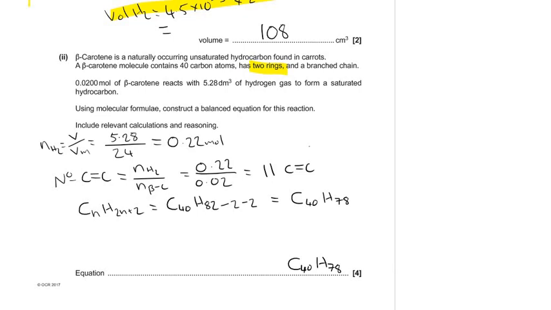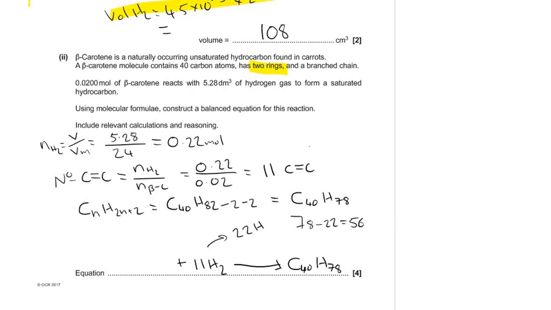Now, working backwards, quite literally here, we're adding 11 H2. Now, if I was to look at this, 11 H2, well, that tells me that I have 22 hydrogen atoms. So if I do 78 minus 22, we should arrive at 56.